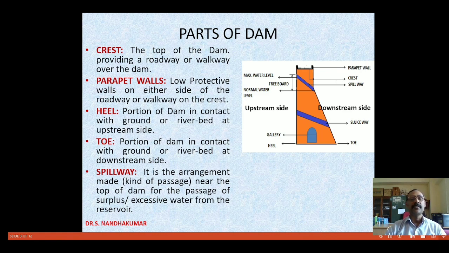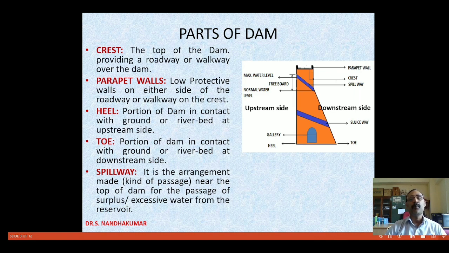Coming to the heel, you can see it at the bottommost part of the dam. It is the portion of the dam in contact with the ground or riverbed on the upstream side. We know what the upstream side is and what the downstream side is. The upstream side is where the water is stored, and the discharge area is the downstream side. So the heel is the portion of the dam at the bottom on the upstream side.